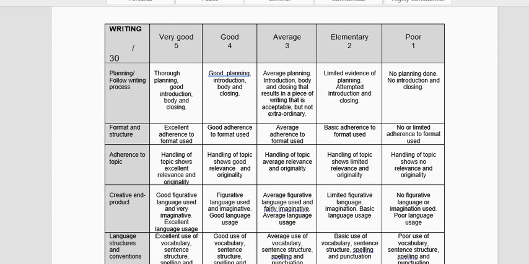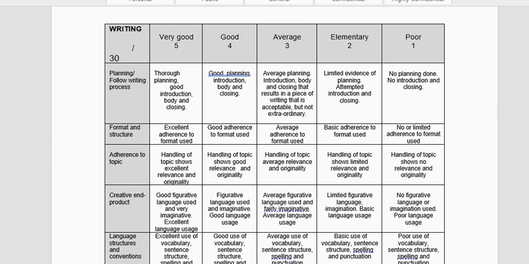Teach your learners: introduction and a closing should be separate from the first and the last paragraph. Introduction says, introduce the topic, catch my attention, interest me in reading further. Closing is like a summary of your final conclusion that you reach, and they should be linked in some way.